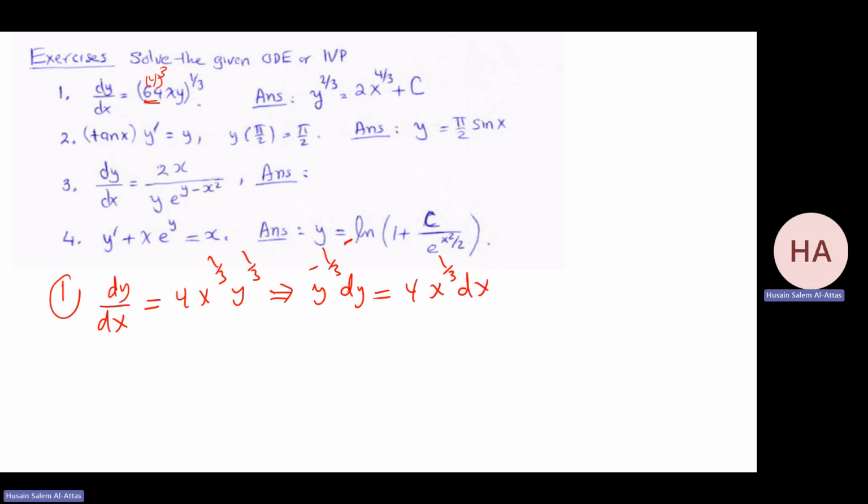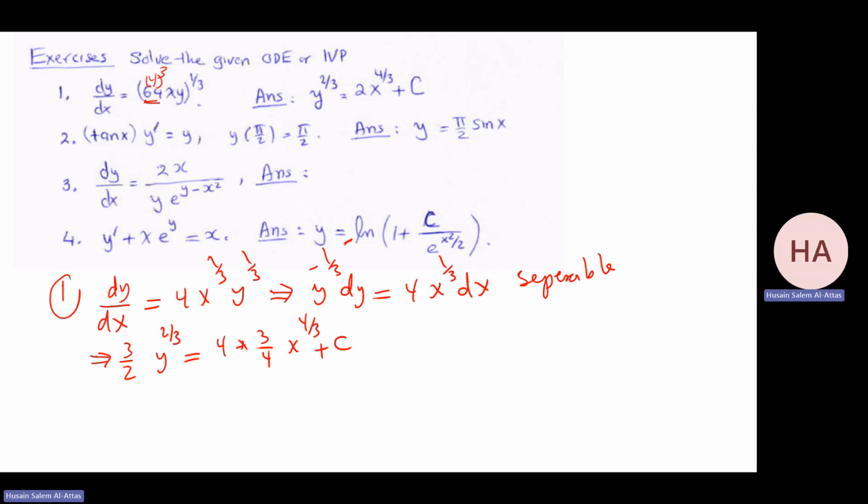Now I separate them, this is separable. I want to integrate. I add 1, 2 over 3, so I make it 3 over 2. I'm getting 3 over 2 y to the power 2 over 3 equal to what? Here I add 1, which is 4 over 3, so it's 4 times 3 over 4 x to the power 4 over 3. Don't forget plus c.